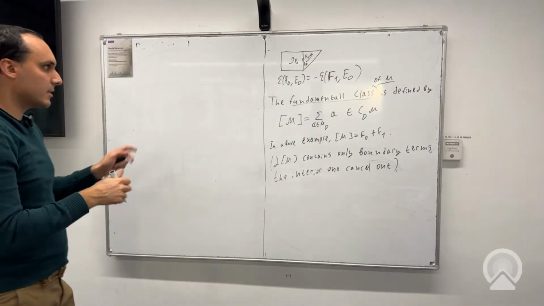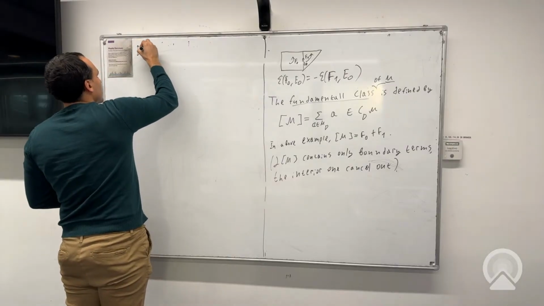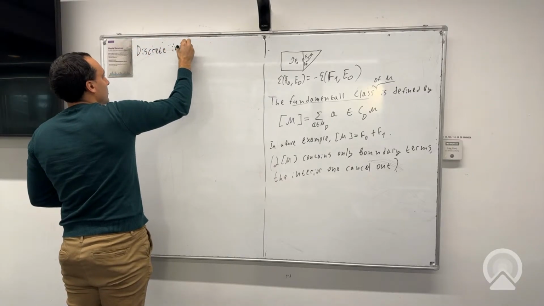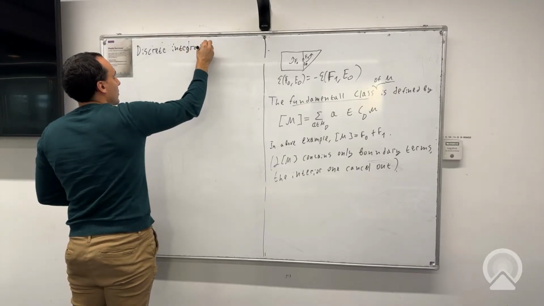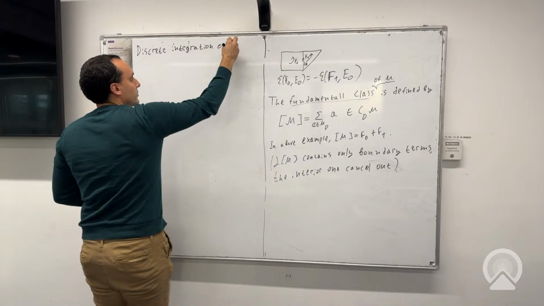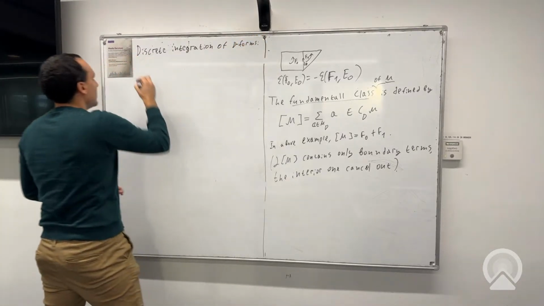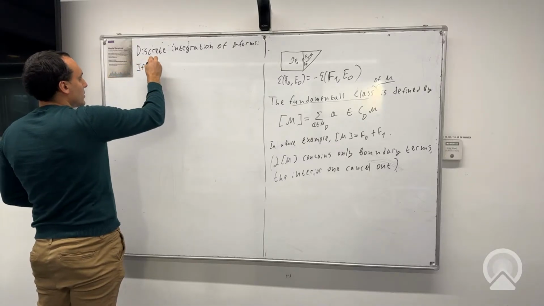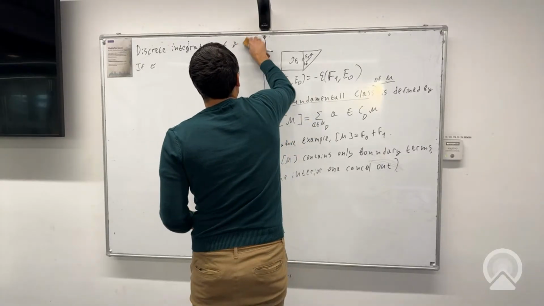And we can define discrete integration of D-cochains.